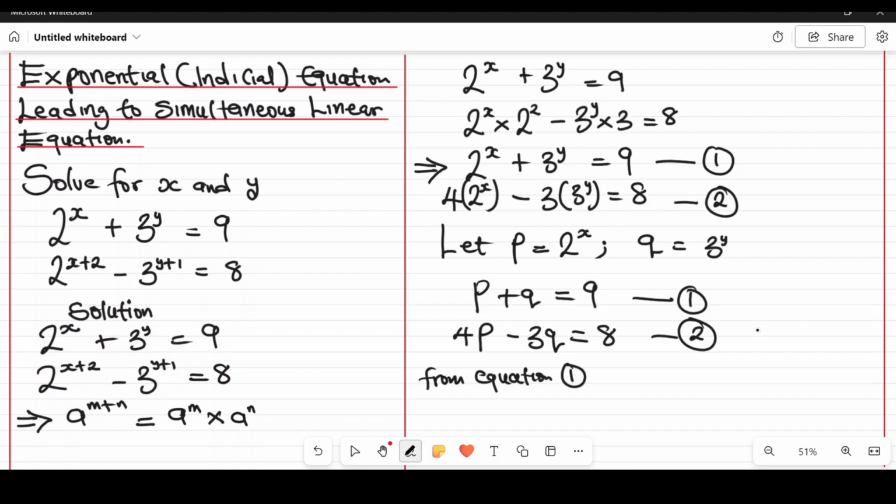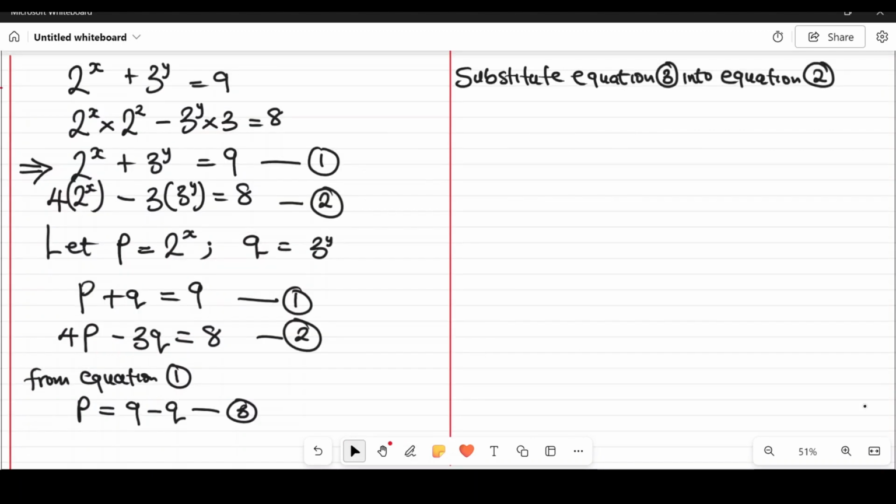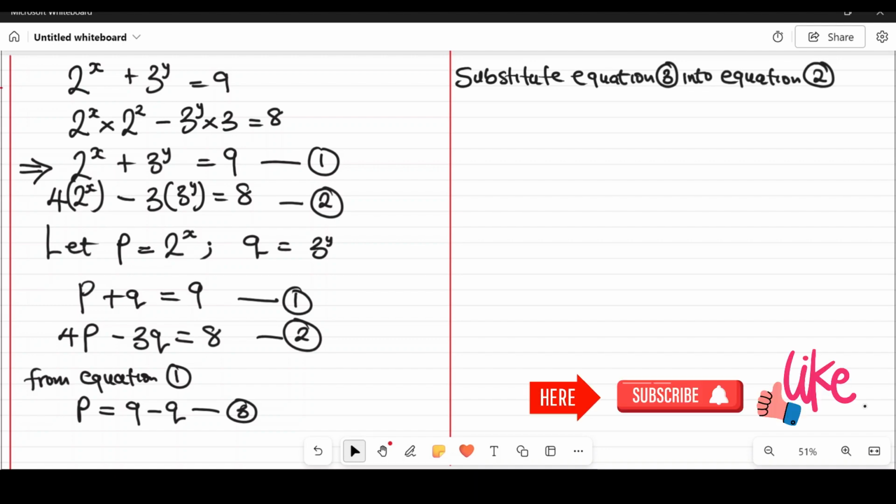From equation 1, I will have that p is equal to 9 minus q. Let me call this equation 3. If we substitute equation 3 into equation 2, we obtain the value of q, which is one of our unknowns.